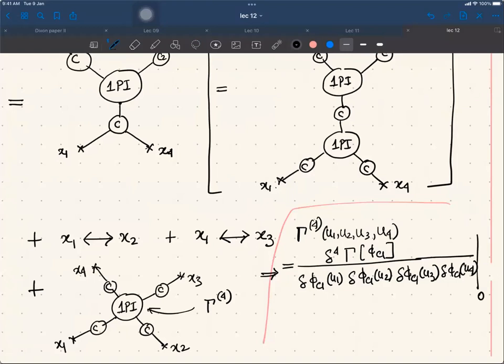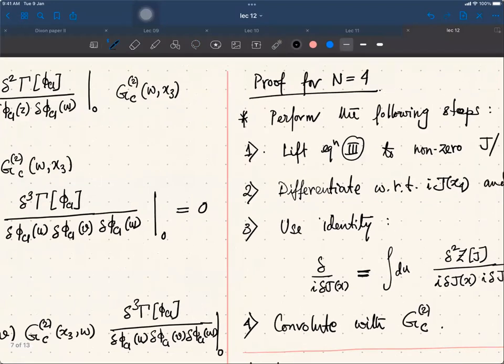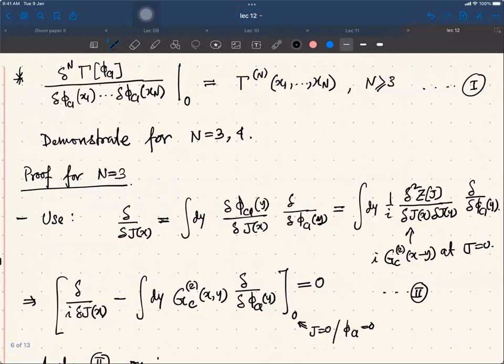That is the result we wanted to prove. That is the original result that we set out to prove, which is this one for n equal to 4.